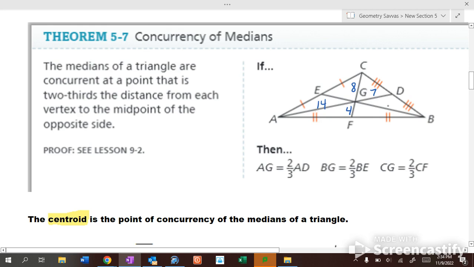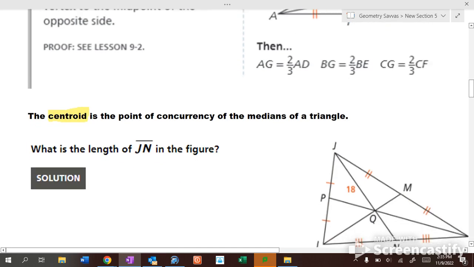Yep, it sure is. So if EG was 6, how long would BG be? Not 3. 12. EG is the short part, GB is the long part. So the long part is 2/3 of the whole thing, the long part is twice as long as the short part. So the short part times 2 is the long part.